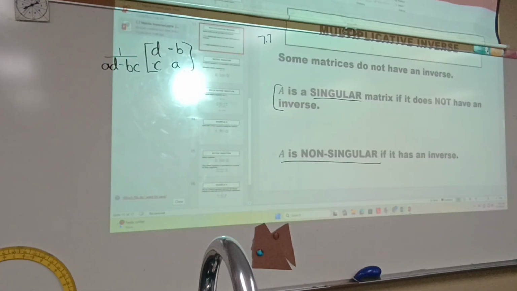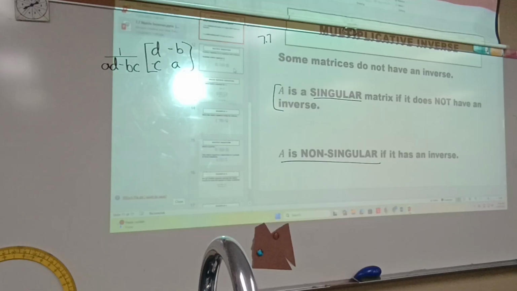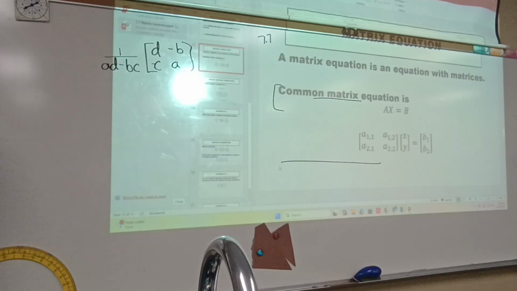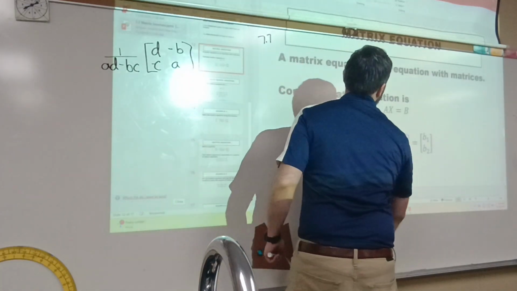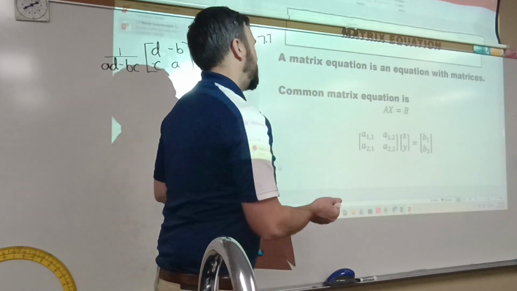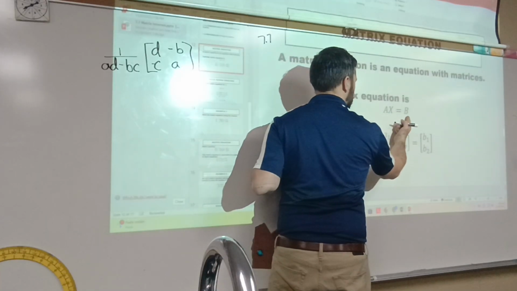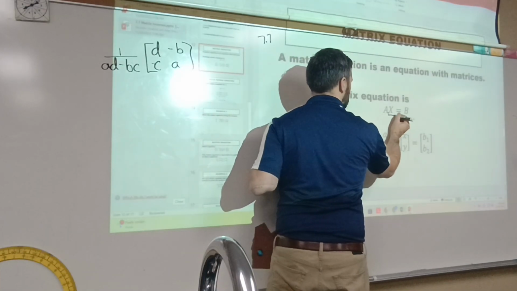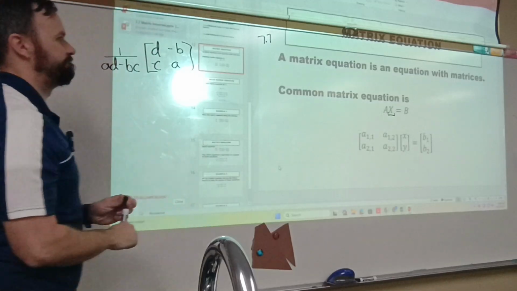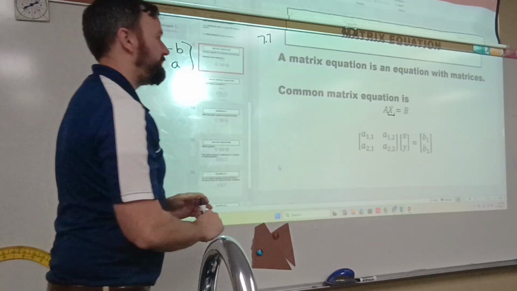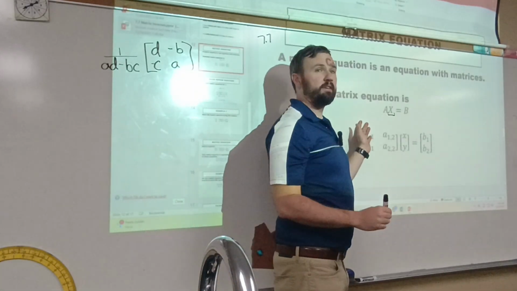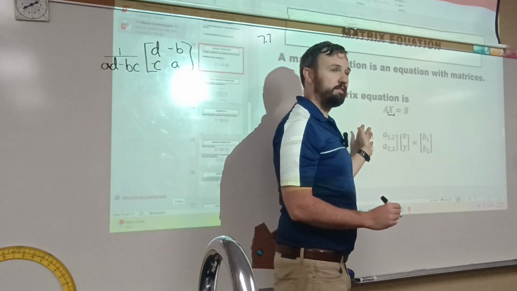You could just find the determinant, which is a button in your calculator, but we'll save that again if you go one step further. All right, this is a thing in math. I could have a matrix times x equals a number, and then I would have to solve for that x. Now, quick reminder. How do I get rid of something? I use inverses, right?